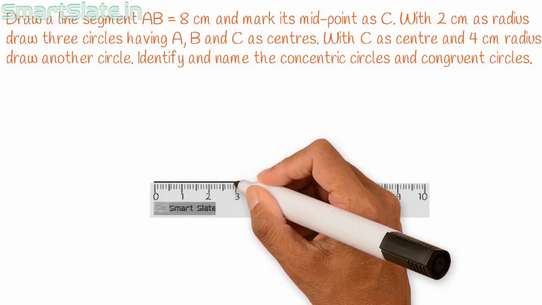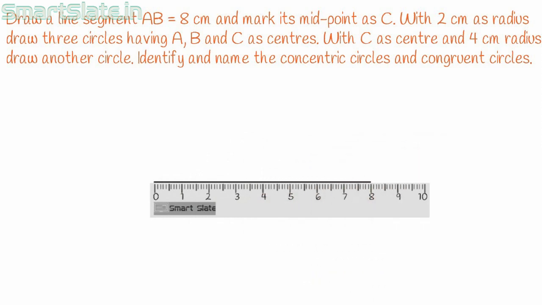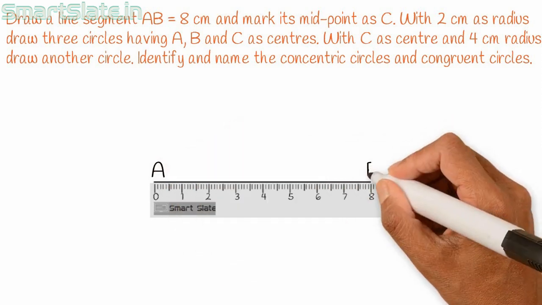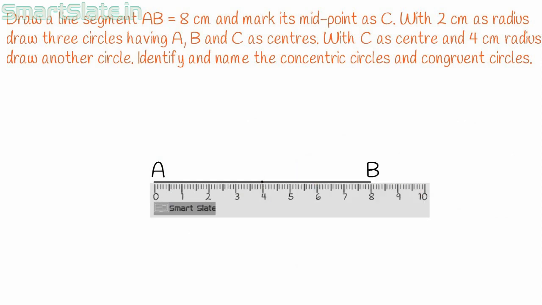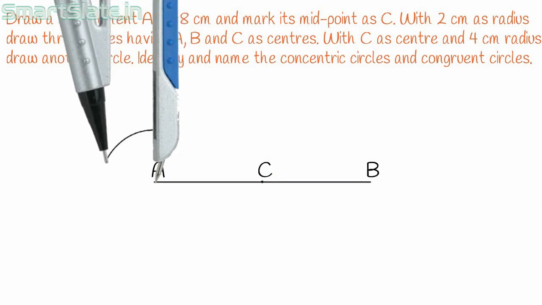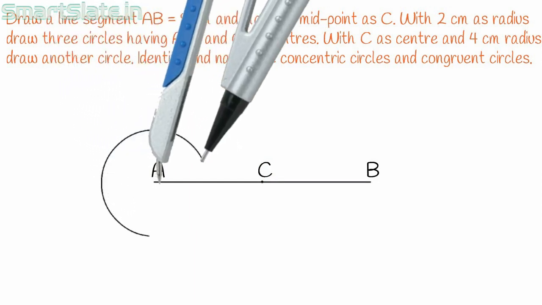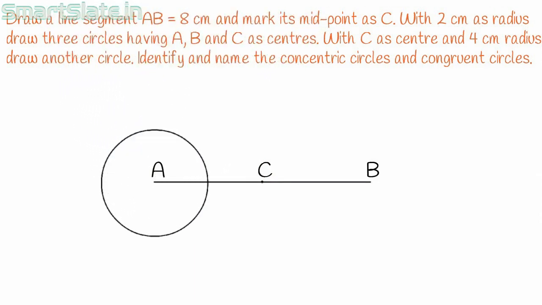Let me draw a line of length 8 cm. This is line AB. Now mark the midpoint. Name this point as C. Now we have 3 points A, B and C. First draw a circle of radius 2 cm keeping A as center.